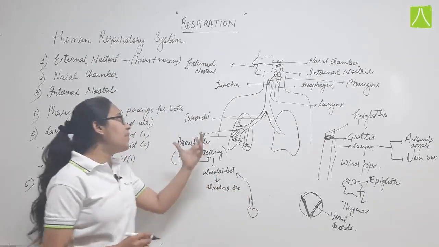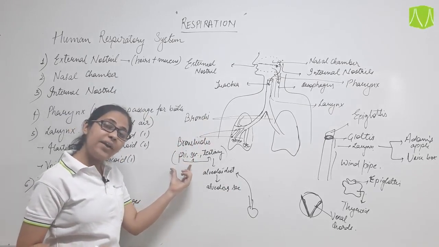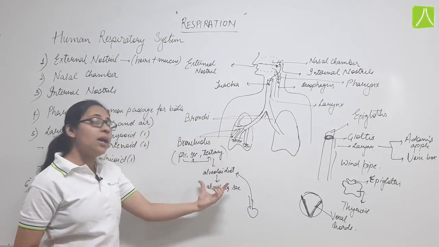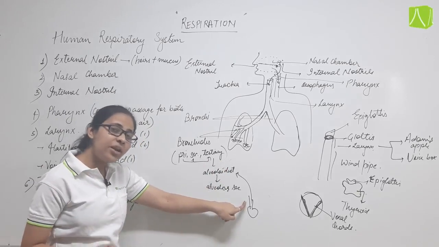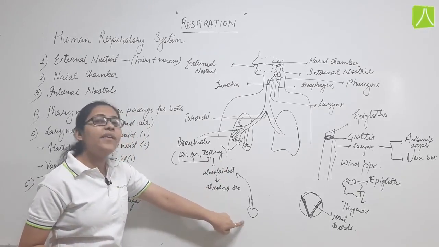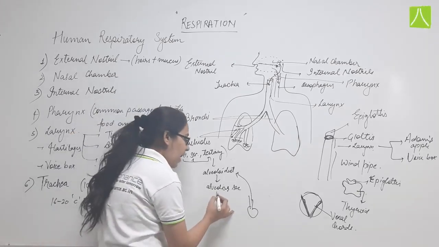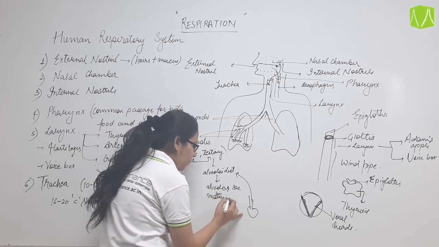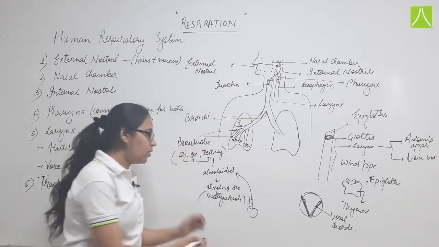When bronchi divide into bronchioles, it can be primary, then it branches into secondary, then this branches into tertiary. Now this tertiary bronchiole forms the alveolar duct, which is the terminal duct, the last duct. And this duct at its terminal end forms the alveolar sac. This alveolar sac has millions of alveoli. The structure is like this.